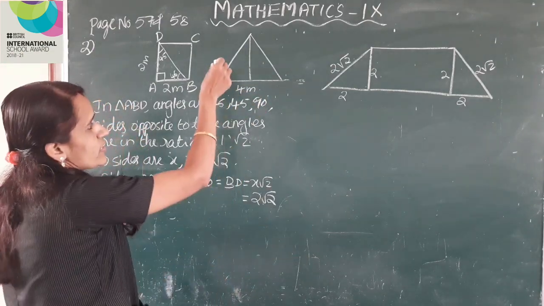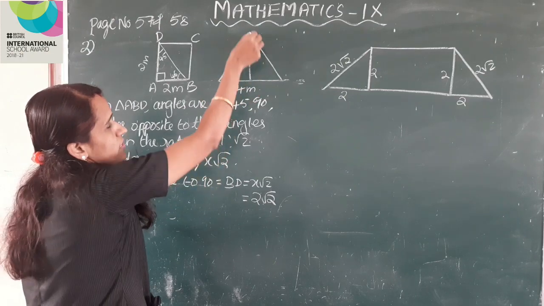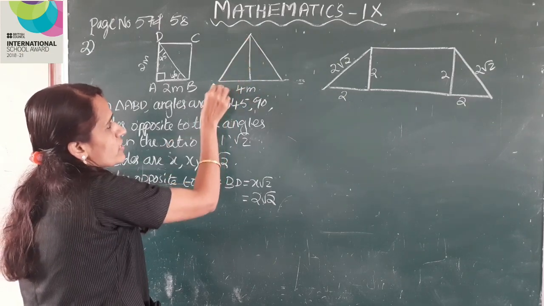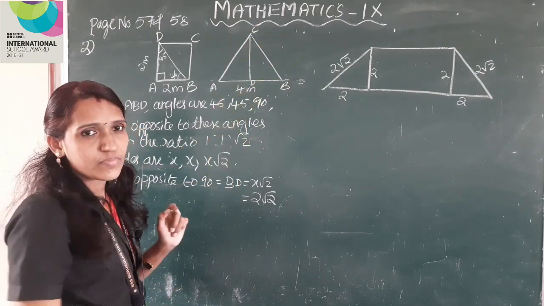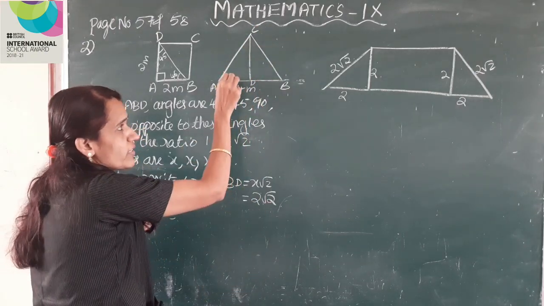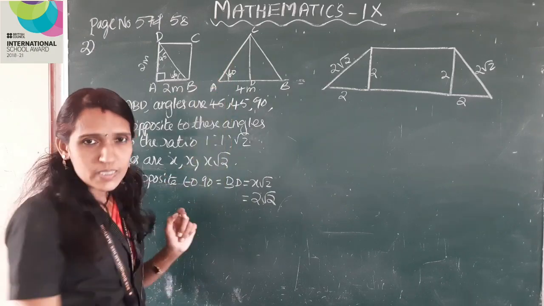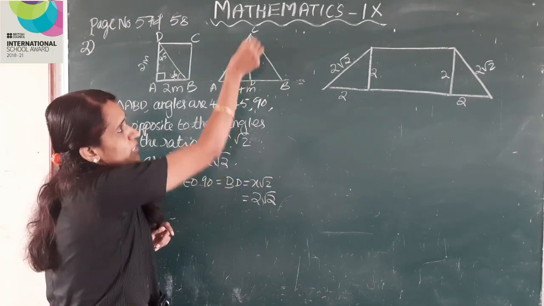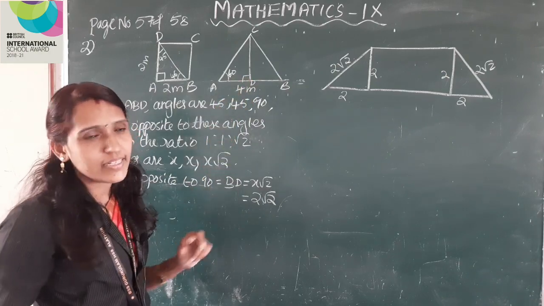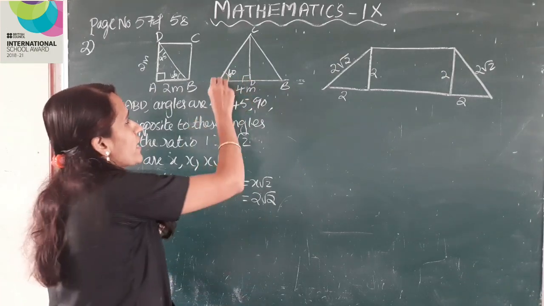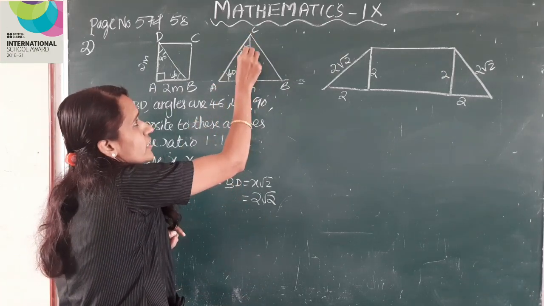Consider this triangle. Mark it as A, B, C, D. This is an equilateral triangle. So, this angle is 60 degree and CD is perpendicular to AB. So, this angle is 90 degree. 60, 90. So, angle ACD is 30 degree.